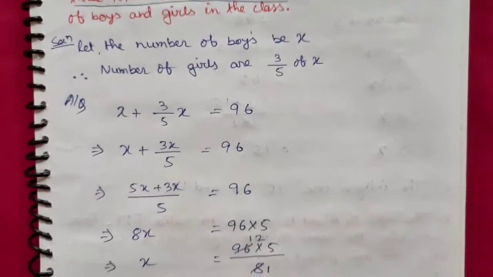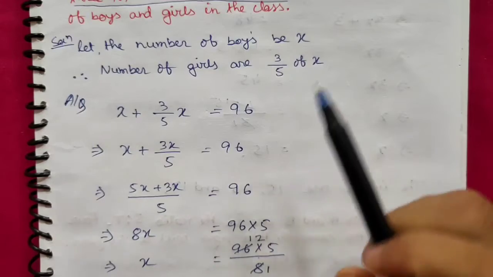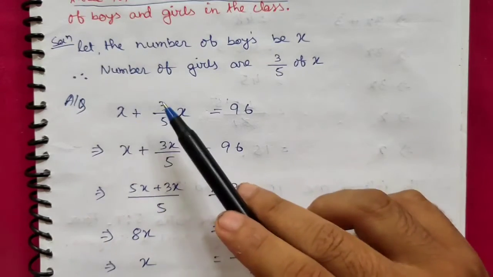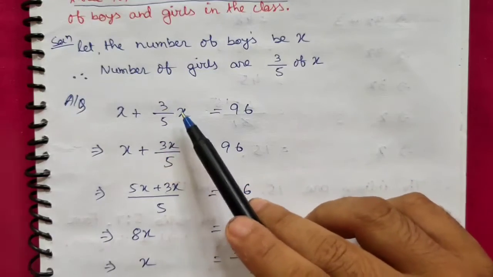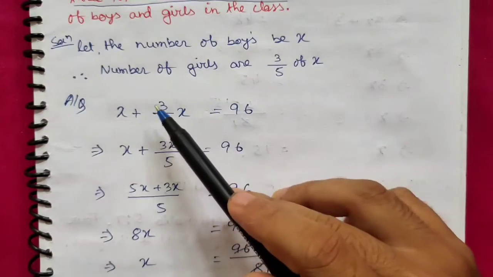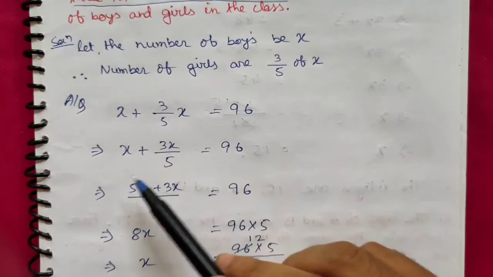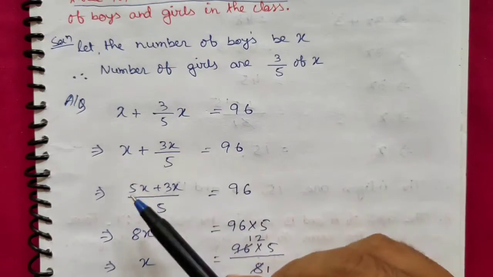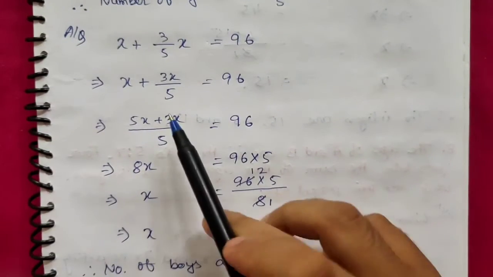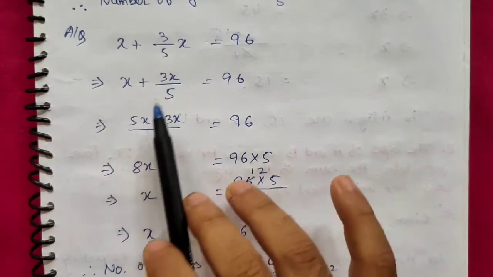So now if we add girls and boys, the result will be 96. So number of boys is x and number of girls is 3 by 5 x, right? Here I have multiplied numerator with numerator, that is 3 into x is 3x. So x plus 3x by 5 equals 96, right? Next we have taken LCM.